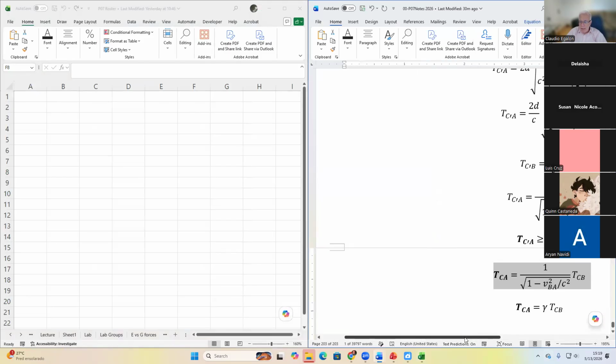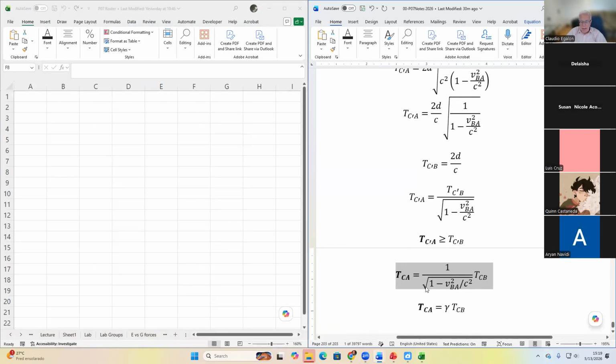The most convenient way of plotting this equation would be to consider VBA over C as our variable. I'm going to put it in a slightly different format.